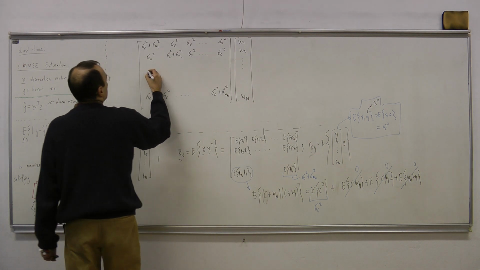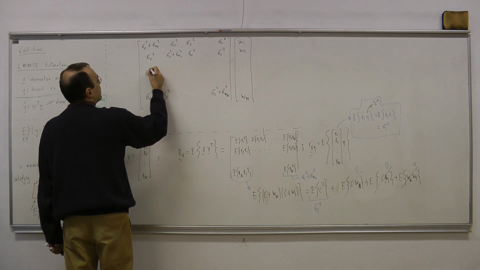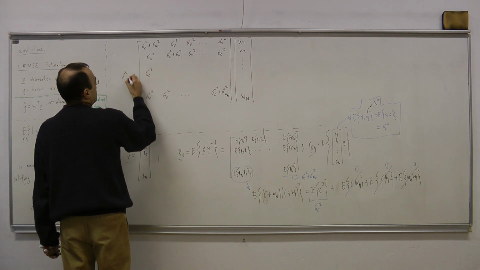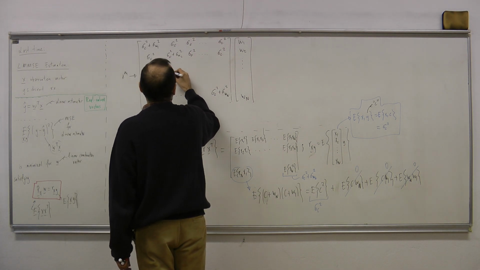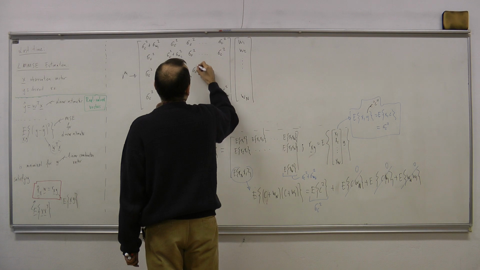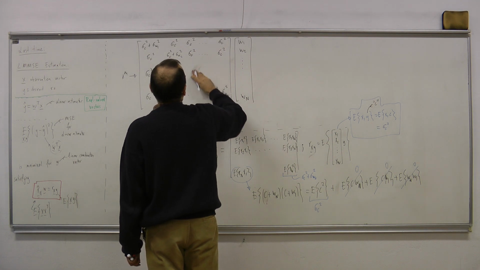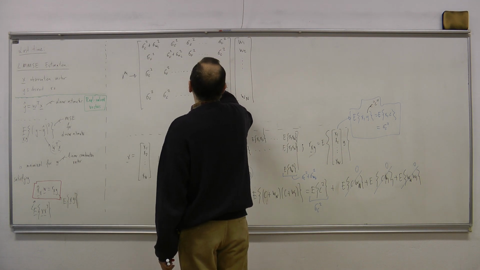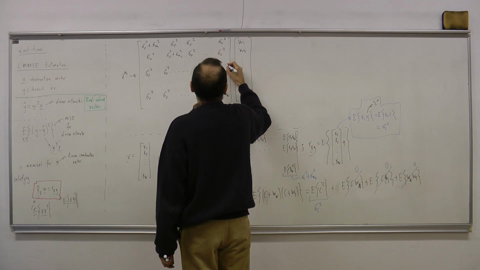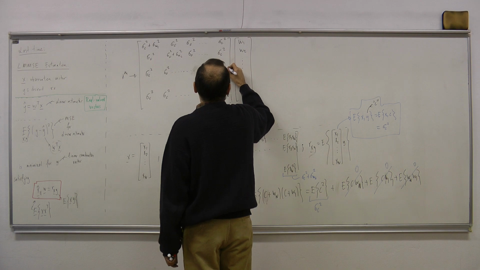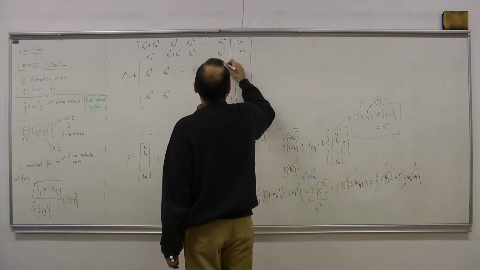And let me write one of them, let's say the kth one, somewhere in the middle. Sigma c square.